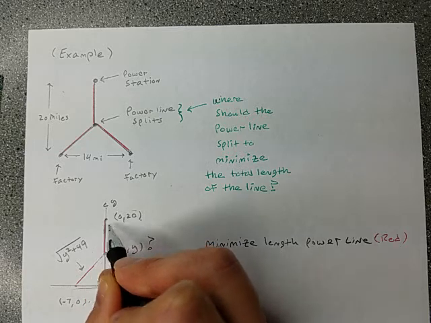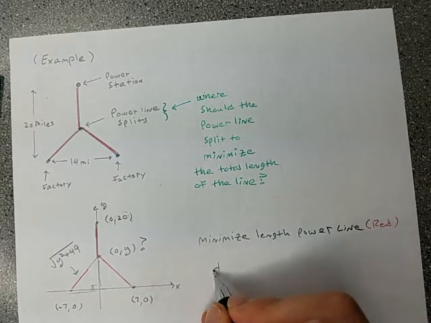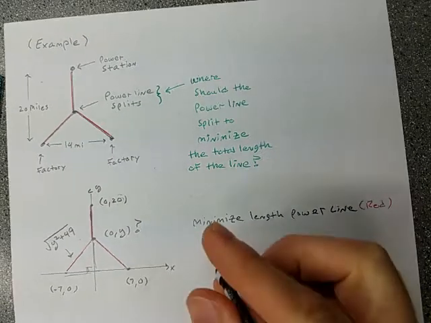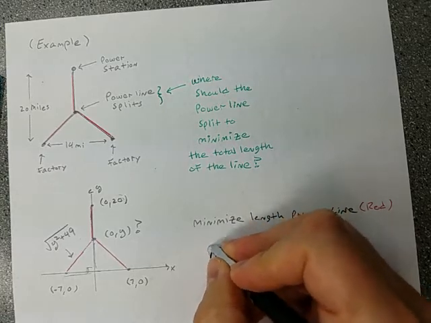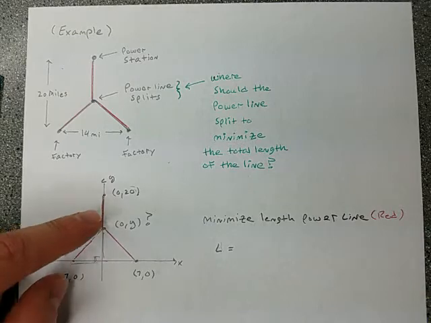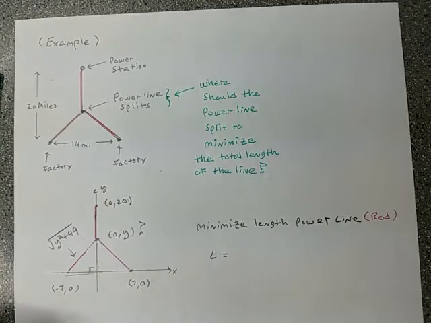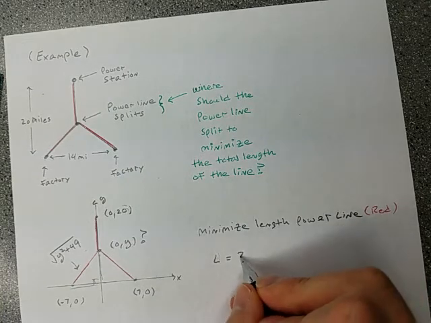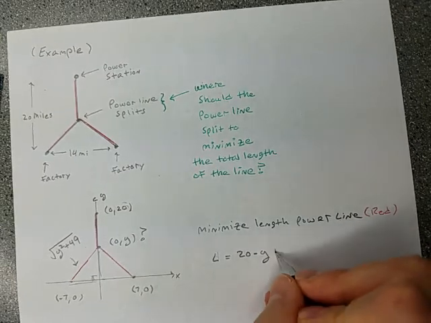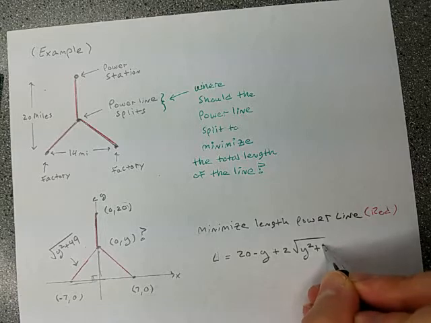So this is 20 minus y. So let's say D, the total distance or length of, how about, let's call it L. I like L better. So let's say L, the total length of line needed to power the 2 factories from the power station is going to be this. It will be 20 minus y, plus 2 root y squared plus 49.